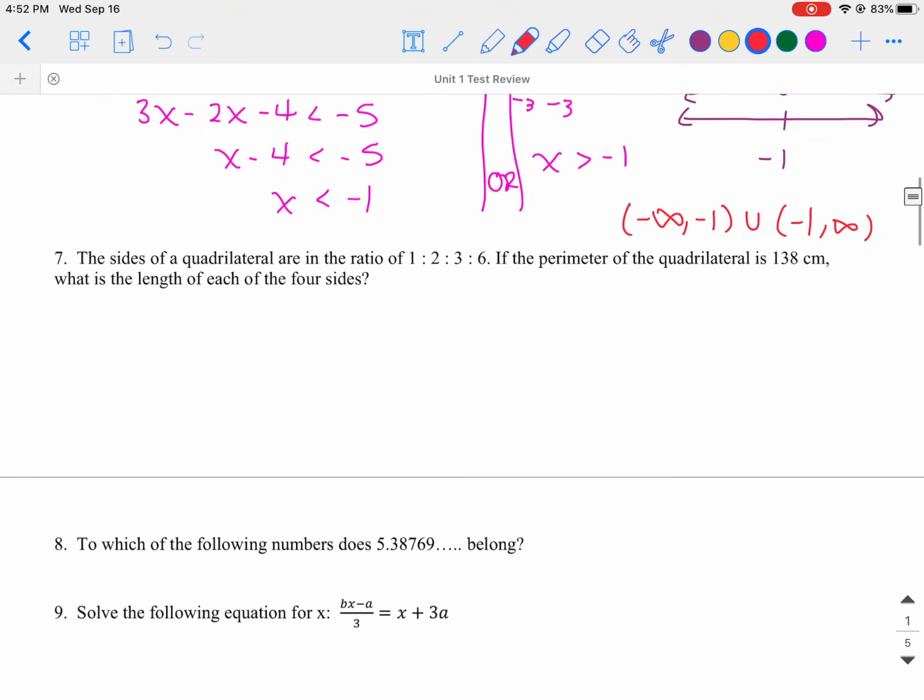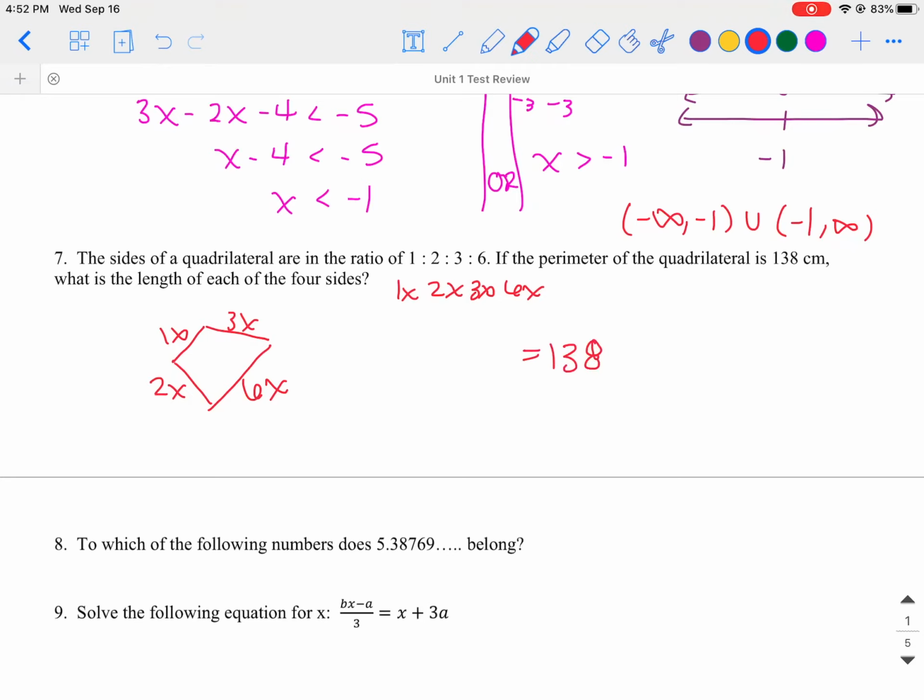Number 7, we have a quadrilateral. So that means we have something that has 4 sides. The ratio of the sides is 1 to 2 to 3 to 6. That means 1x, 2x, 3x, and 6x. So I'm just going to say this one's 1, this one's 2, this one's 3, and this one's 6. It tells us the perimeter is 138. So we have to add all that up and set it equal to 138.